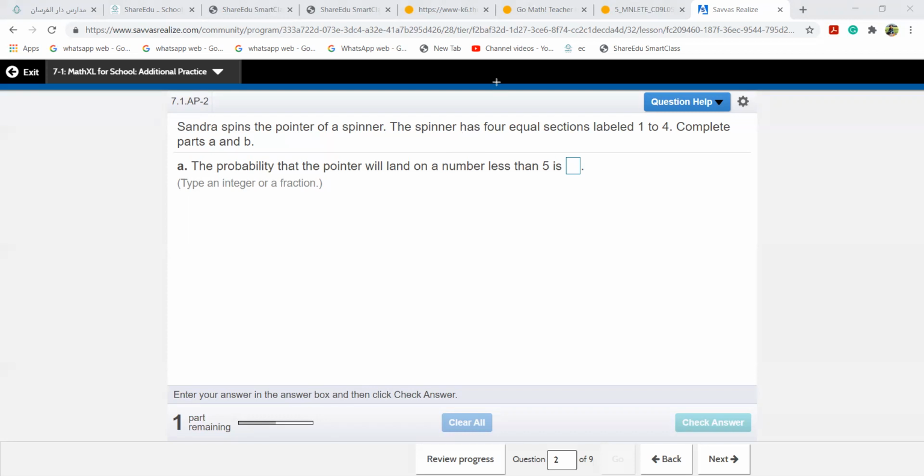Because less than 5, there are 4 numbers, and they told you clearly that the spinner has 4 equal sections. So 4 out of 4 is what? How much?